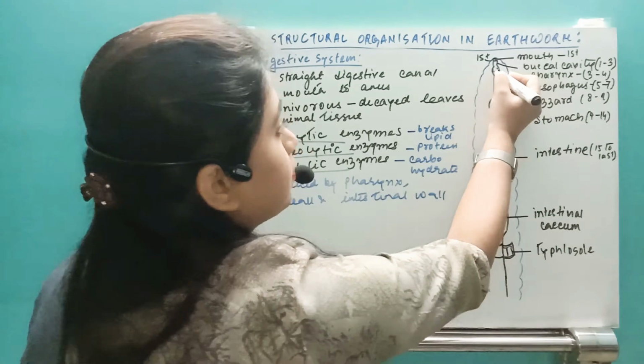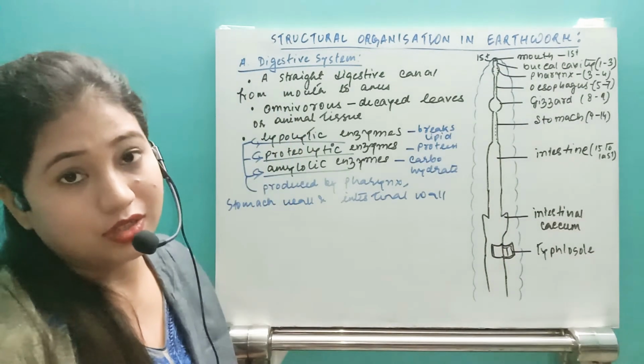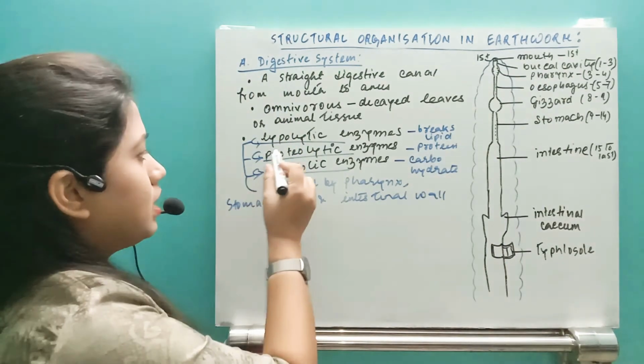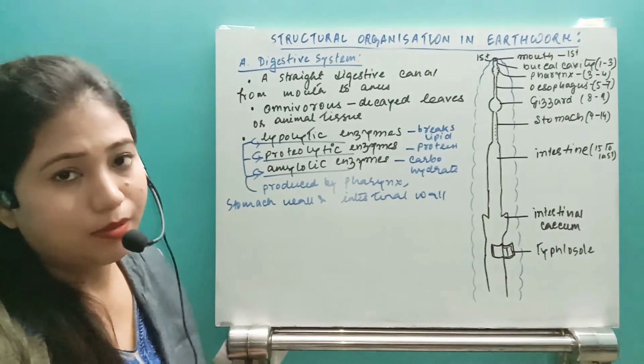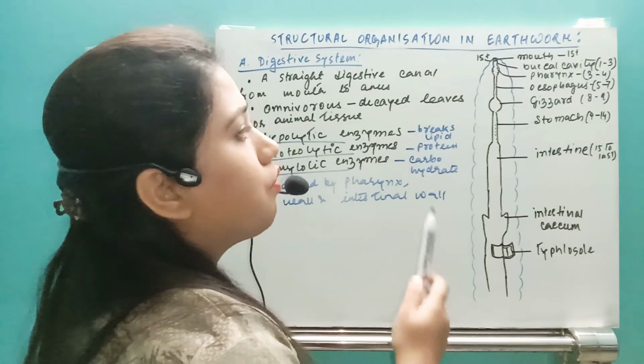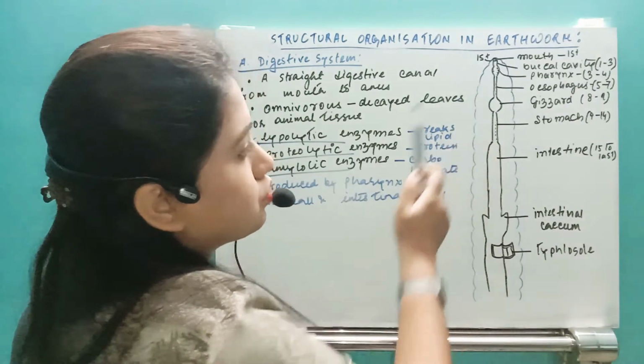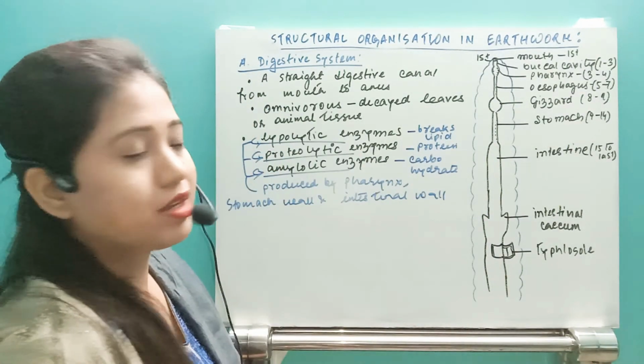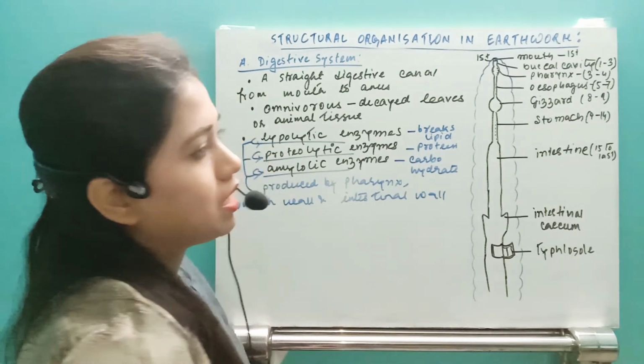In the lining of the pharynx, they have the pharyngeal cells which release the lipolytic, proteolytic or amylolytic enzymes. Then the food will pass from the pharynx to the esophagus, and from the esophagus the food will be pushed to the gizzard.